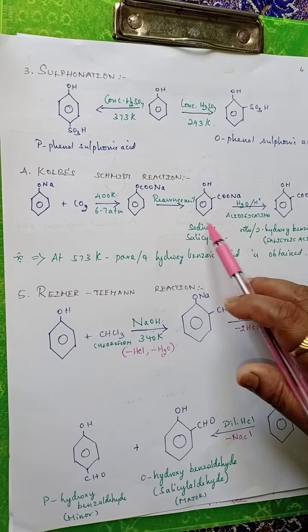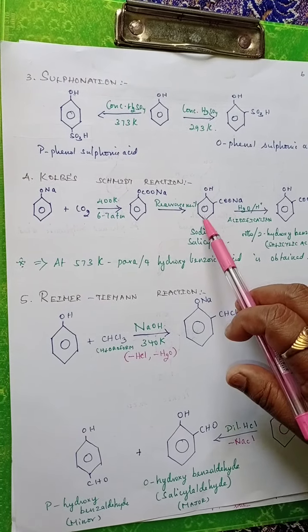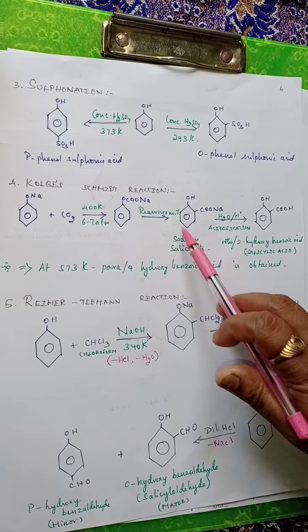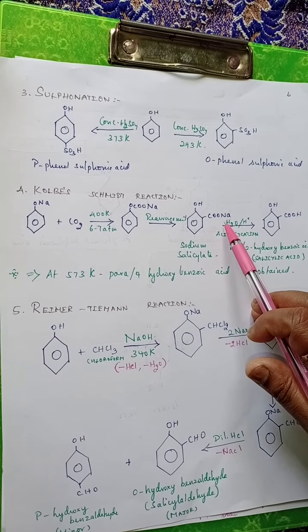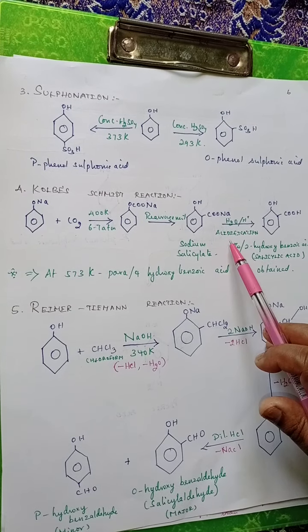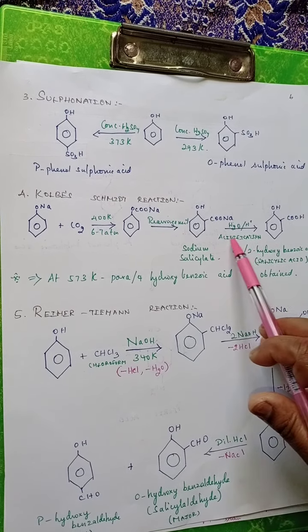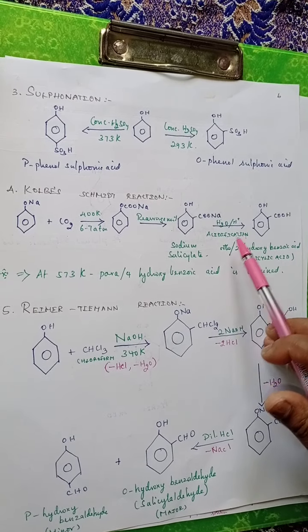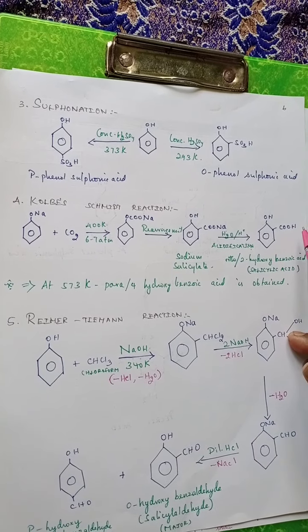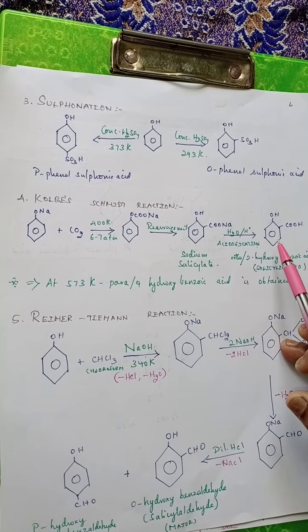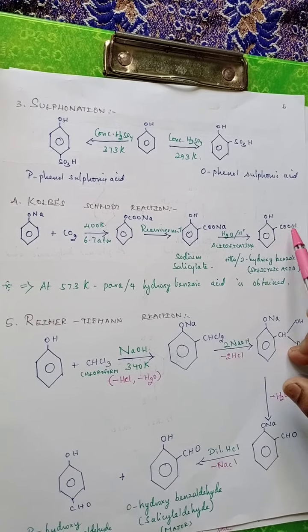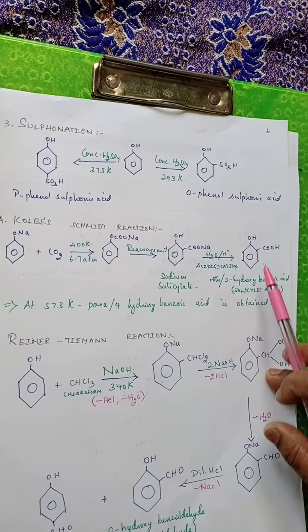By rearranging it, you will get sodium salicylate. Benzene with phenol OH and COONa shows sodium salicylate, because OH with COOH is salicylic acid, right? So on acidification, using dilute acid, you will get the product salicylic acid, which is ortho-hydroxybenzoic acid or 2-hydroxybenzoic acid.